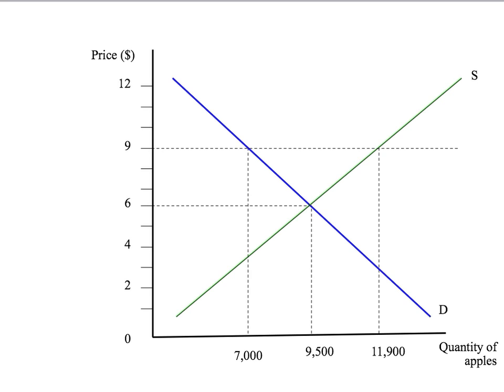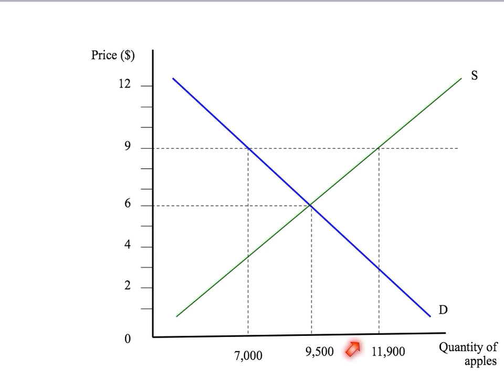To see this, let's pick a price other than our equilibrium price of $6. For example, let's pick a price of $9 up here. Remember that at that price of $9, buyers only want to buy 7,000 kilograms of apples per day, but sellers would like to sell 11,900 kilograms of apples per day.